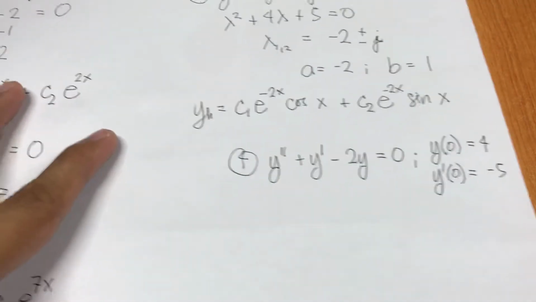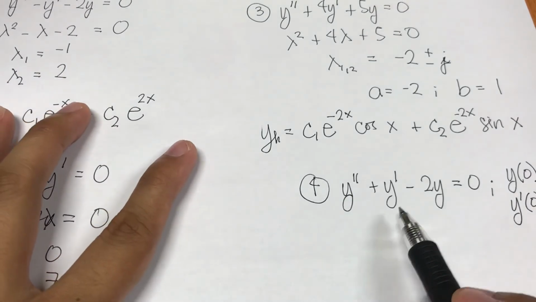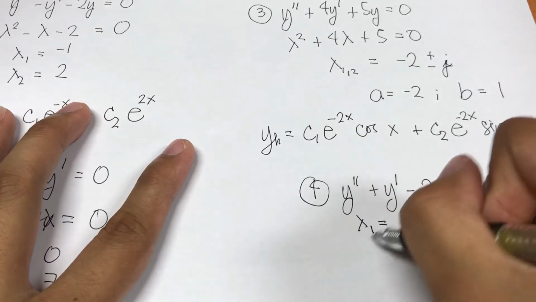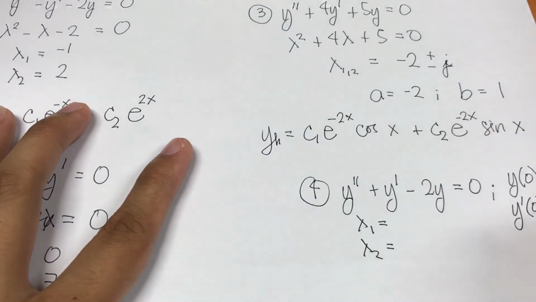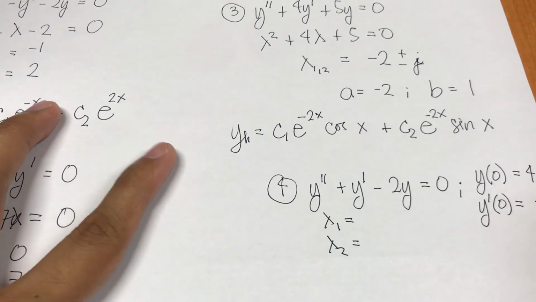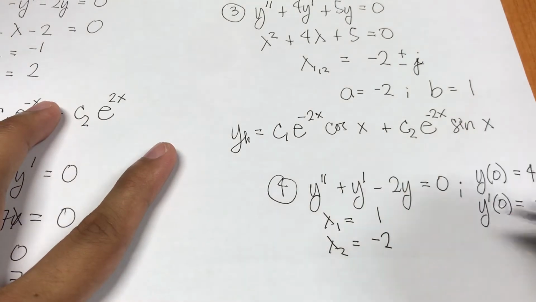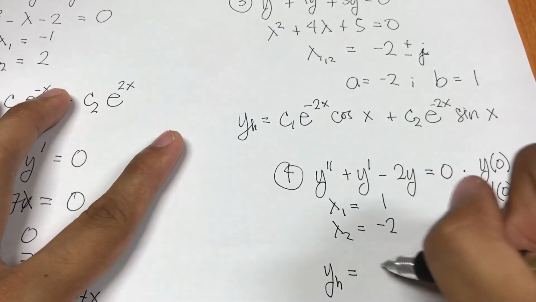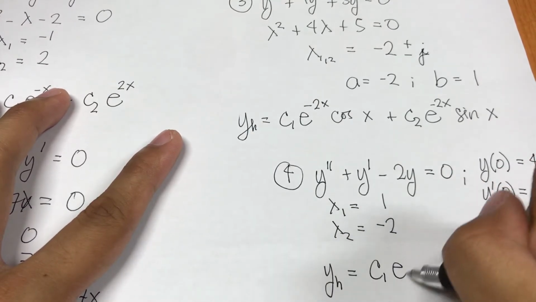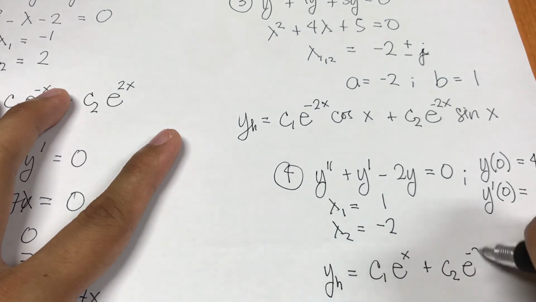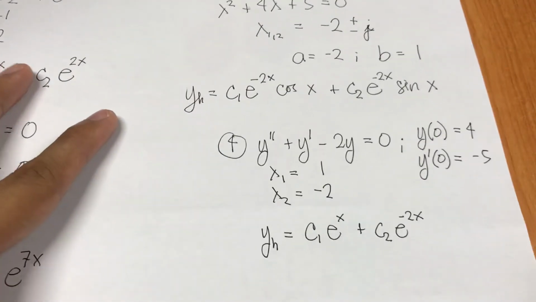Using this, we go directly to the roots: lambda squared plus lambda minus 2, the roots are 1 and negative 2. So our y is equal to c1 e^x plus c2 e to the negative 2x.